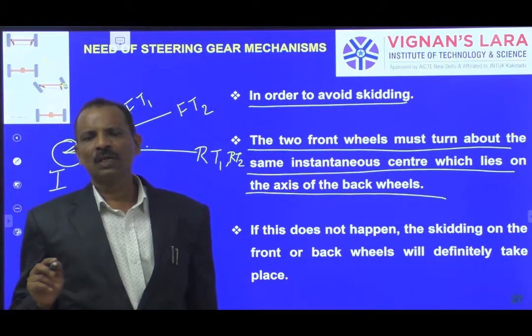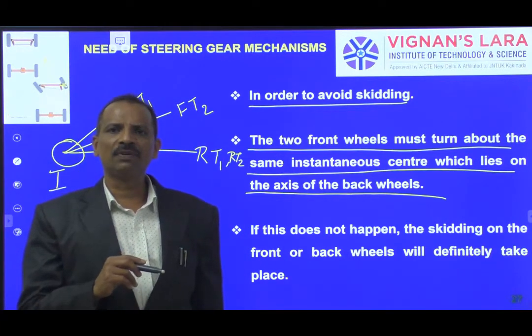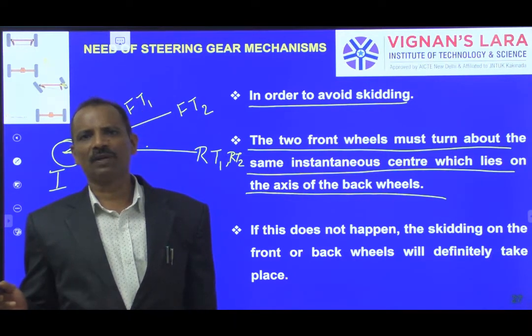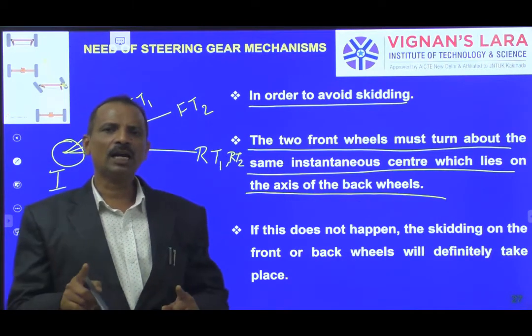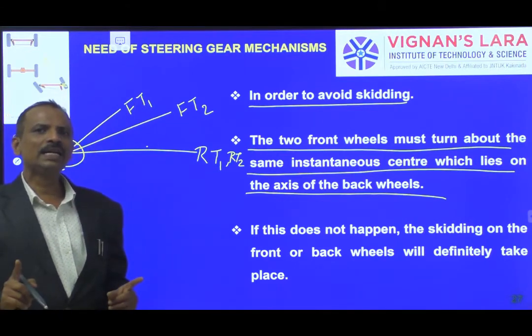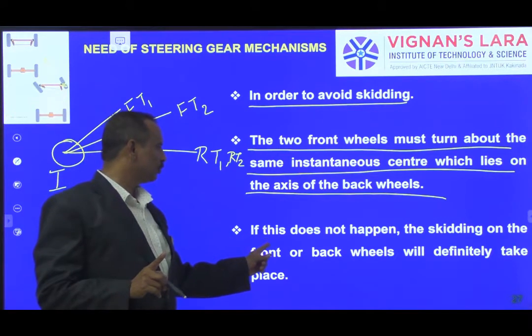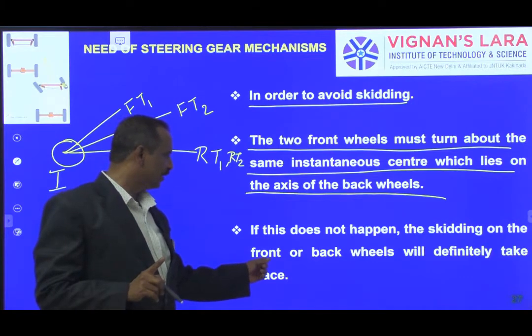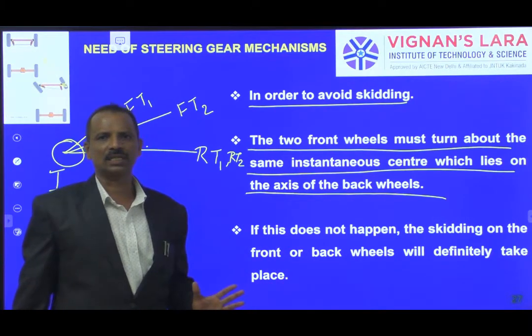If the two front wheels and the two rear wheels do not turn about the same center, skidding may happen due to either front wheel skidding or back wheel skidding.